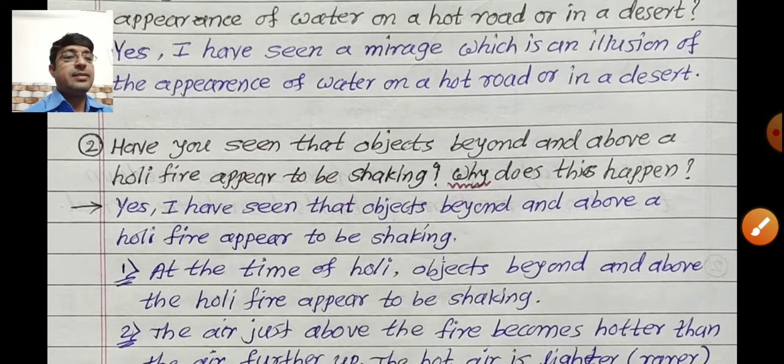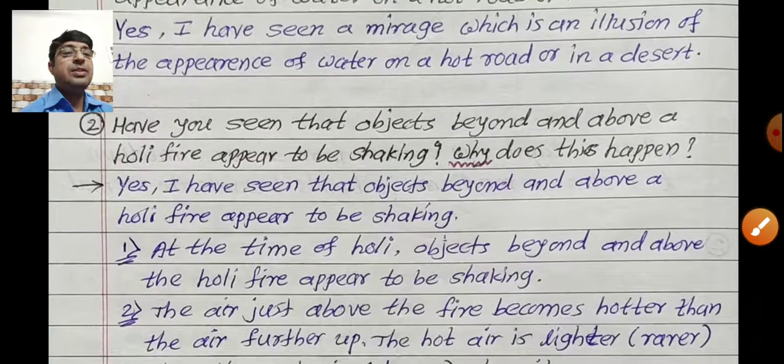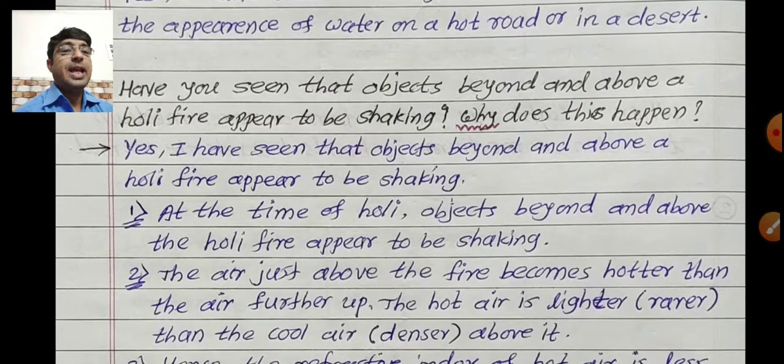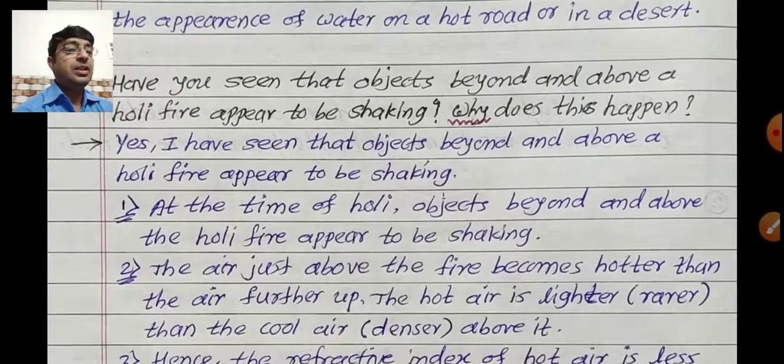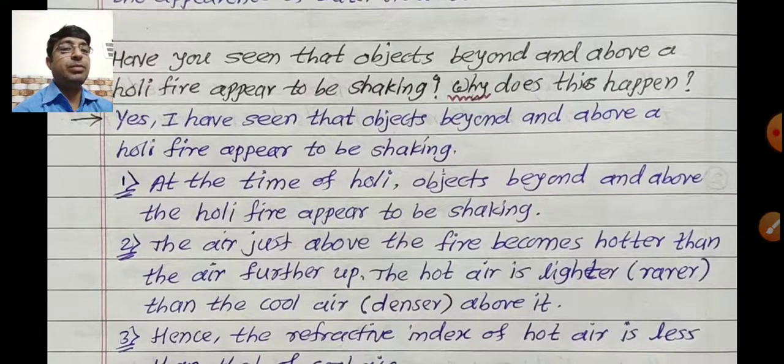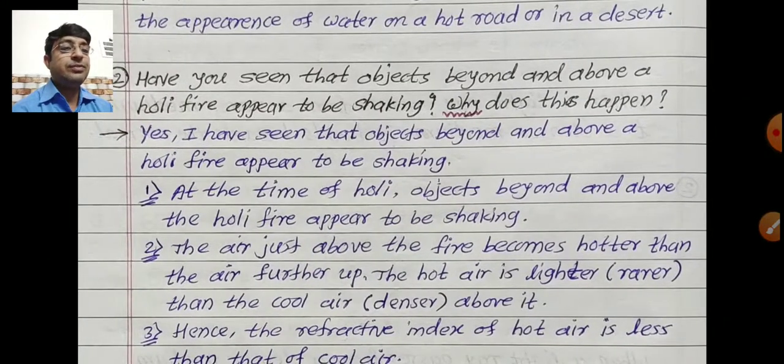See the second: have you seen that an object beyond and above a hot fire appears to be shaking? Why does this happen? We write the answer in the form of a give-reason answer. So what is the answer of that first? Yes.